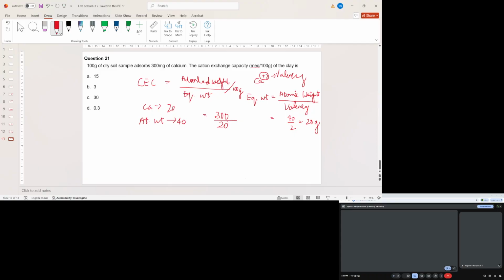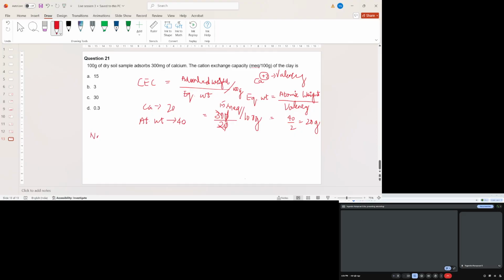Now it is 15 milli equivalent per 100 grams. All right. Any doubts?